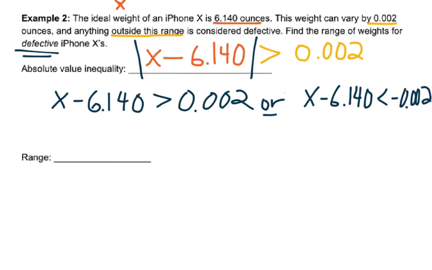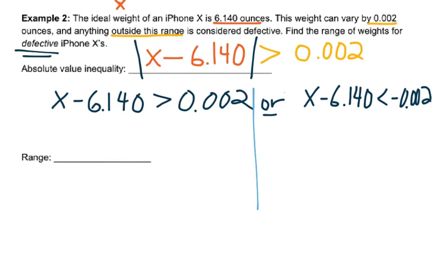Ooh, running out of space. Okay, so you'll notice some commonalities with before. We take this value and then we use its opposite in the other one, and then we flip the sign. But now we're solving two separate inequalities. And so our range is going to be also two separate inequalities.